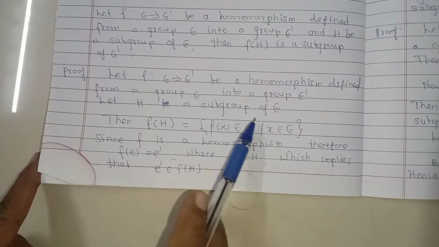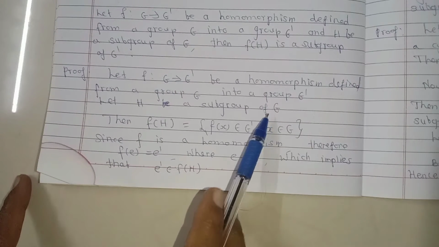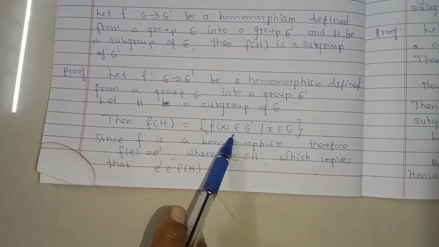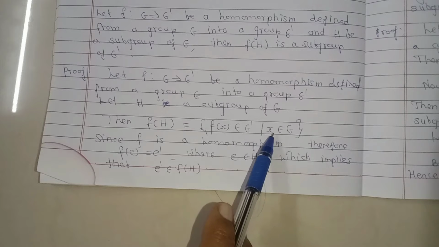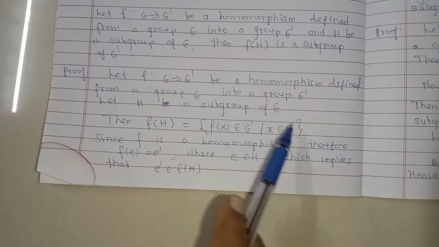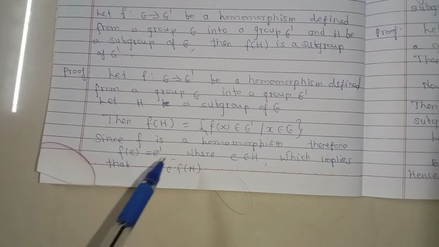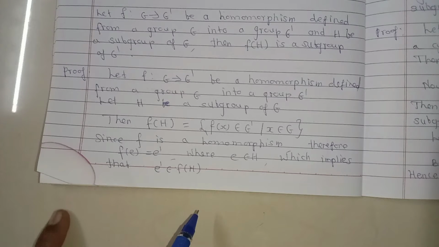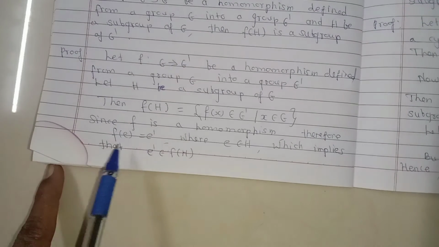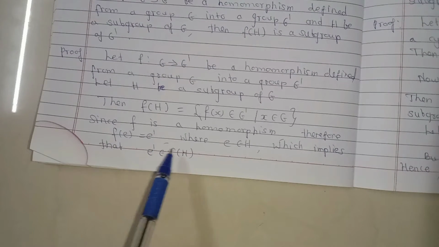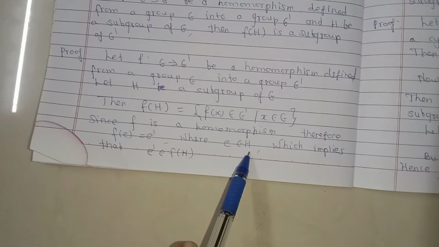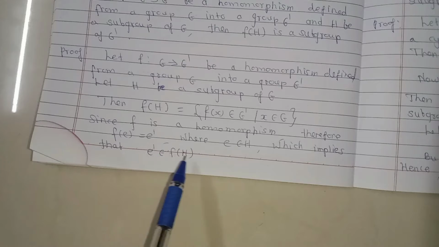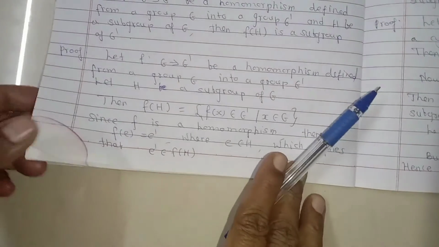Let H be a subgroup of group G. Then f(H) equals the set of all f(x) belonging to G' such that x belongs to G. Since f is a homomorphism, f(e) equals e', where e belongs to H, which implies that e' belongs to f(H).